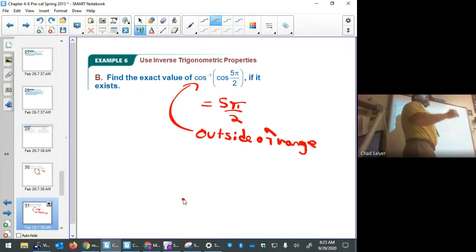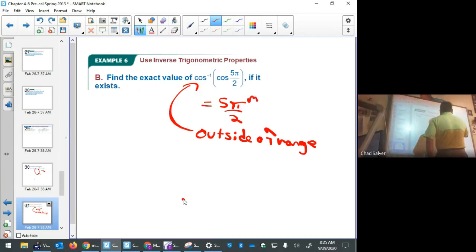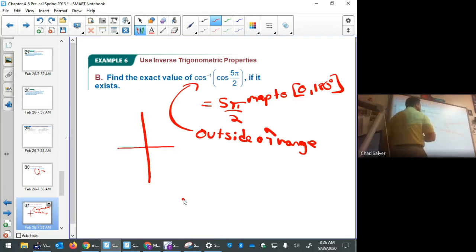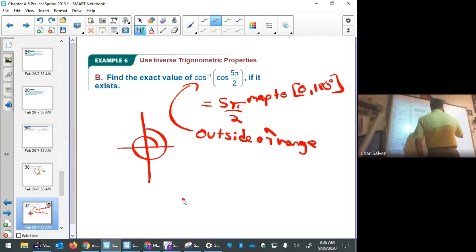So we have to map this to the upper half of the unit circle. In other words, where is its corresponding angle? And so 5 pi over 2 is the whole unit circle and then back to 90. So that's equivalent to 90 degrees, or pi over 2.